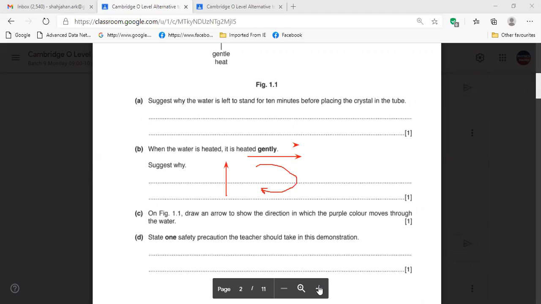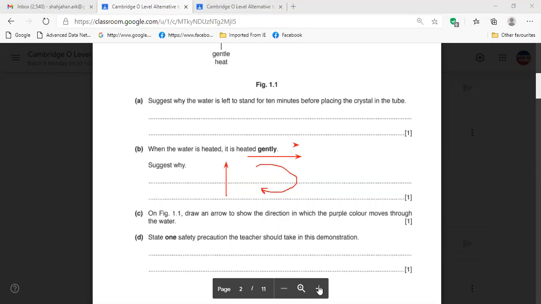Correct. Any more ideas? I wrote flammable things should be kept away from the Bunsen burner. Yeah, that is also accepted.